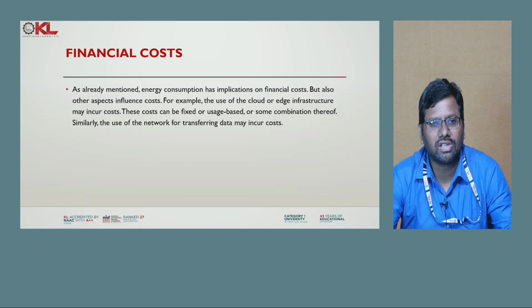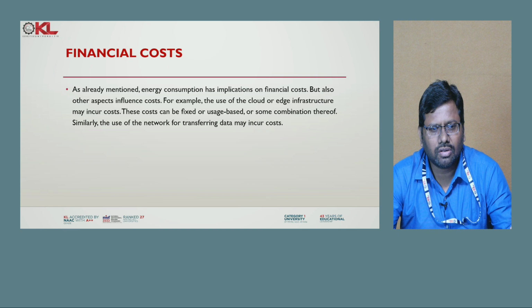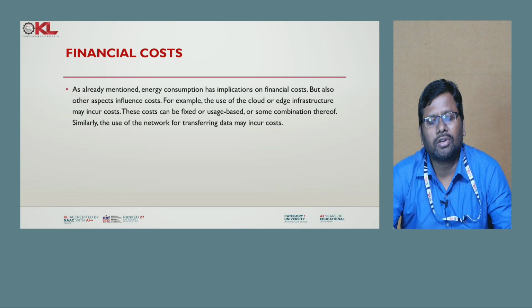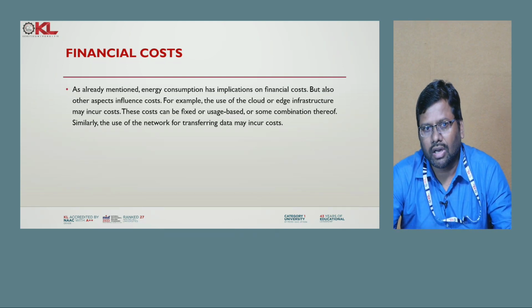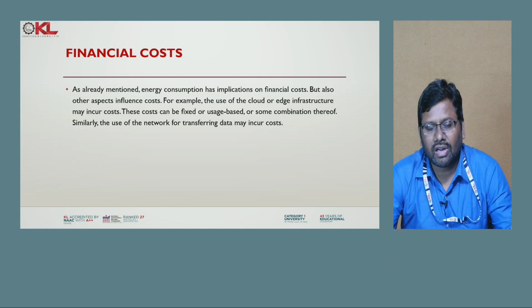Next, financial cost. As I already mentioned, energy consumption has an implication on the financial cost. Here we have to make a decision on how many resources we require, how much computation, how much processor, whether we require a high end processor or a low end processor, whenever we are running an application.